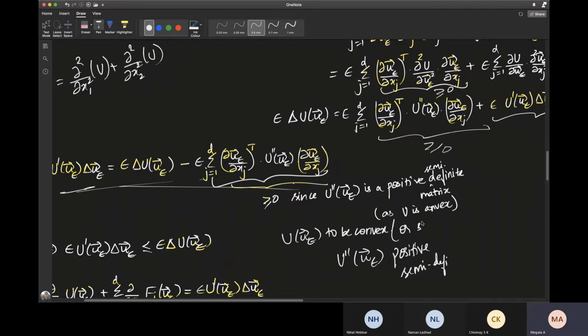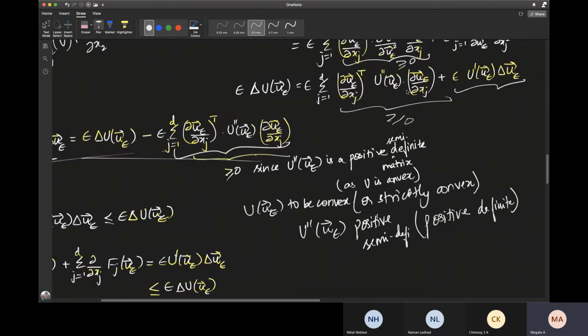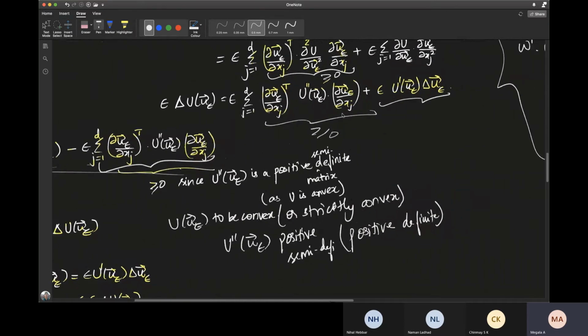Or if it is strictly convex, then you'll have positive definiteness here. Positive definite or positive semi-definite actually means only this.